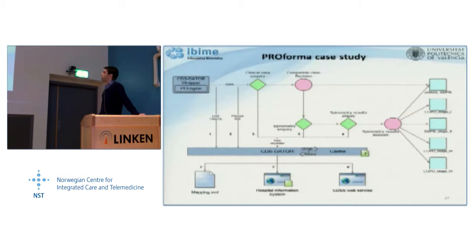So here you can see a main diagram of how the extended Proforma engine works. Before the guideline execution starts, the mapping file from the mediator is loaded in memory, and that mapping file specifies a preload of data.